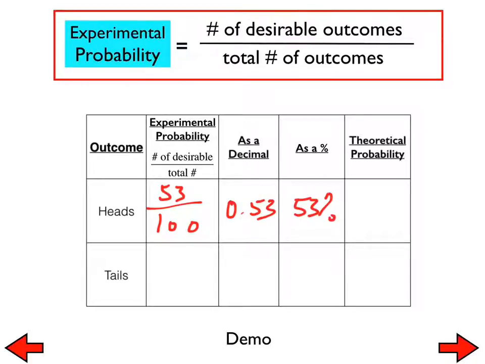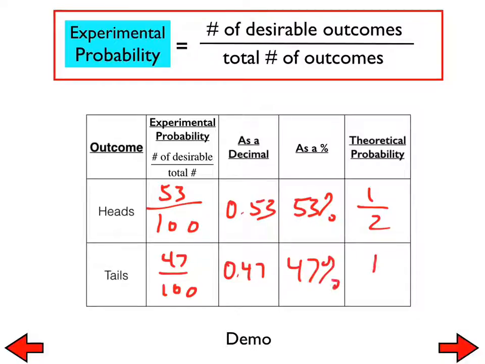Now, what should the theoretical probability be? Just tell me. A half. 50 out of 100 is a half. That's what it should be. That's what we expect it to be. And so if there were 53 heads, obviously there are 47 tails out of 100. That is 0.47. That's 47%. And obviously we expect the theoretical probability to be 1/2.